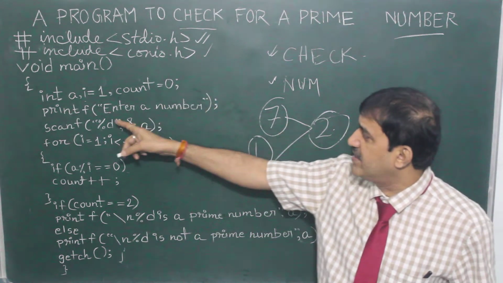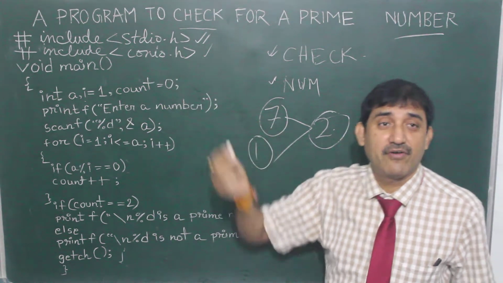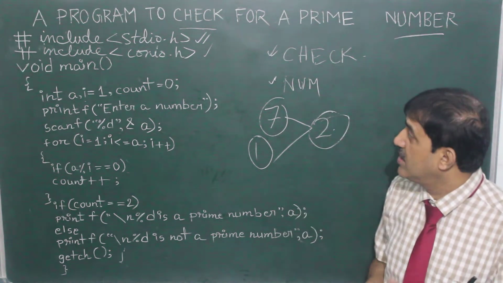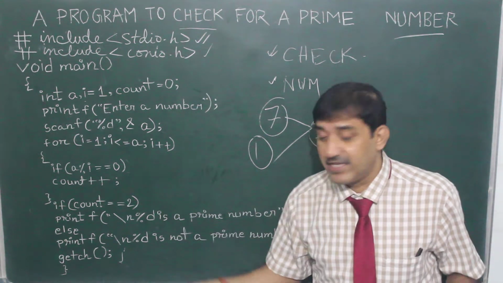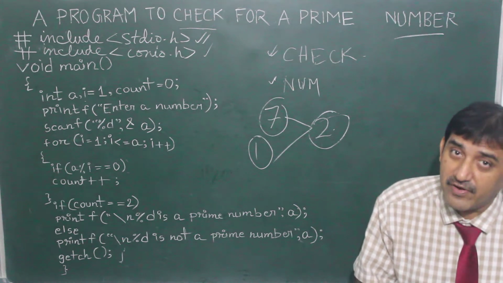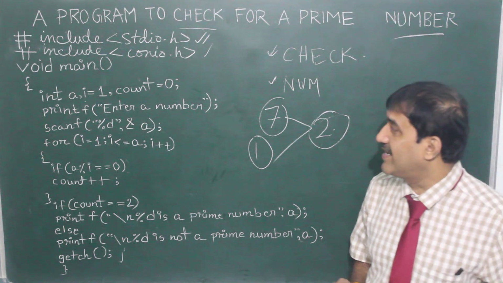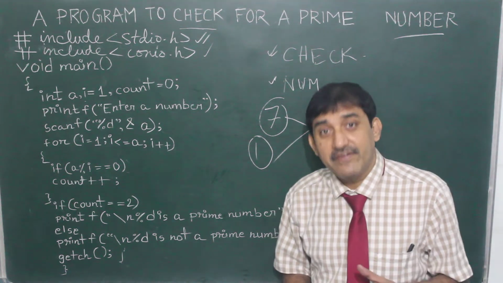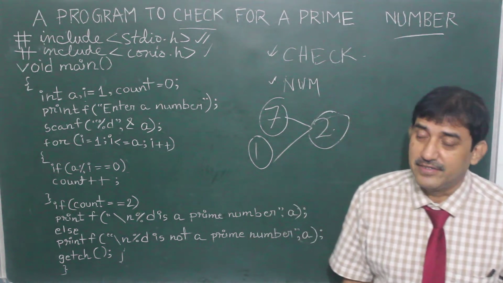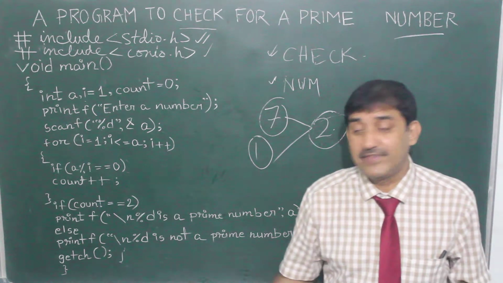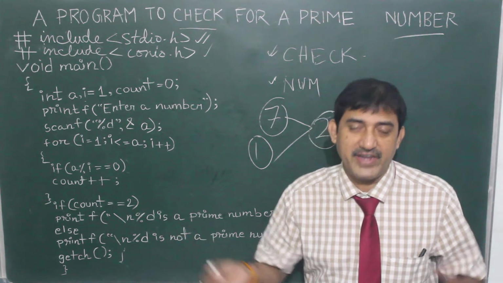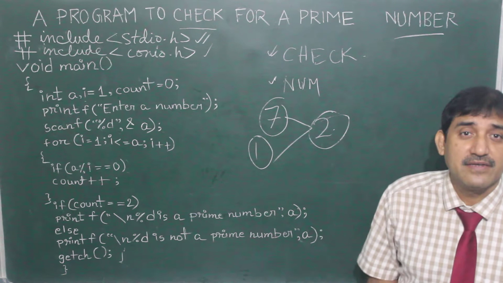The conio.h takes care of getch, which can hold the screen for a time. In advanced versions we don't require getch as such, but if you don't give it, we have to go to the shell to find out the output.